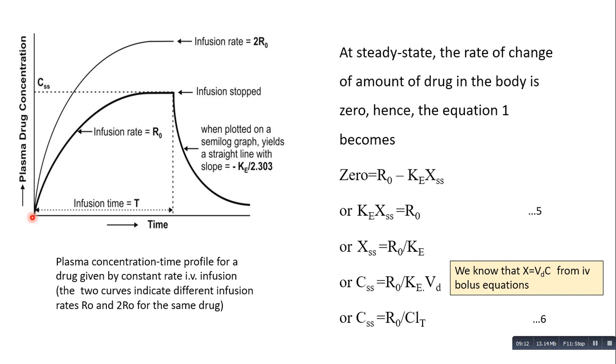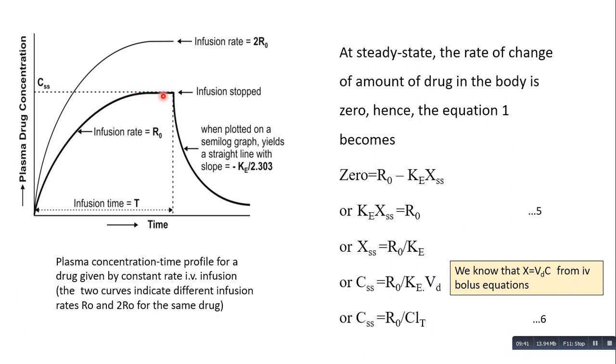Now at a certain point, the R0 becomes equal to the rate out, that is minus Kex. So we will not get any change in the plasma drug concentration in this phase. So this phase is called steady state, and the concentration is called steady state concentration, denoted by CSS.